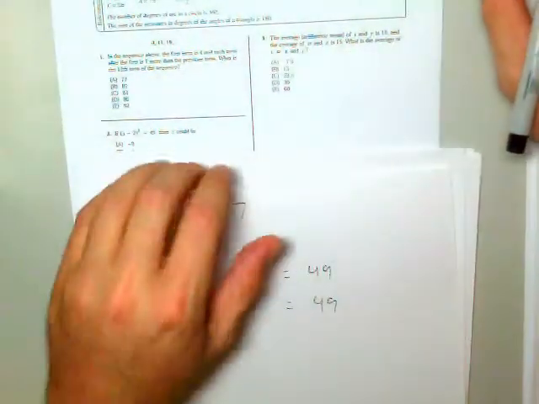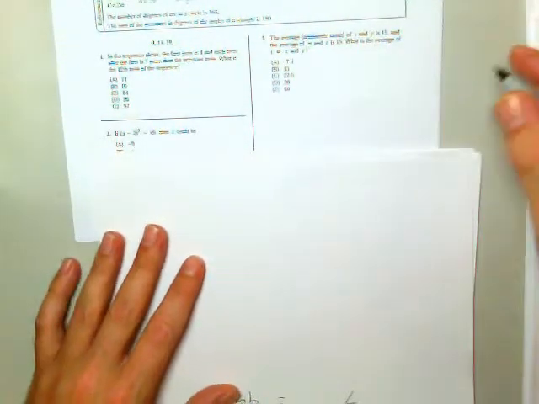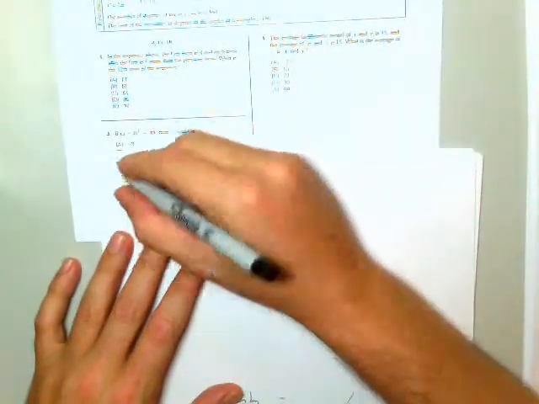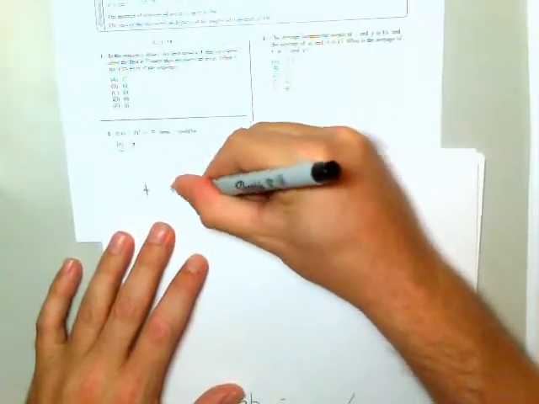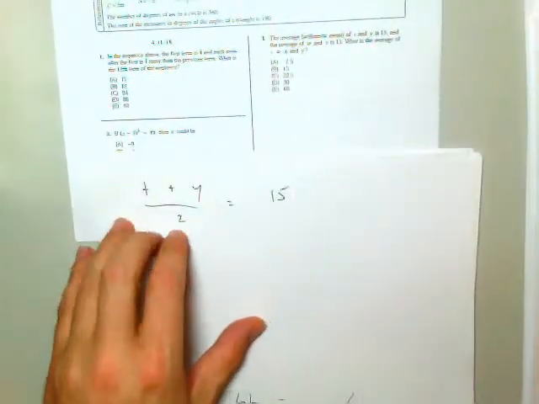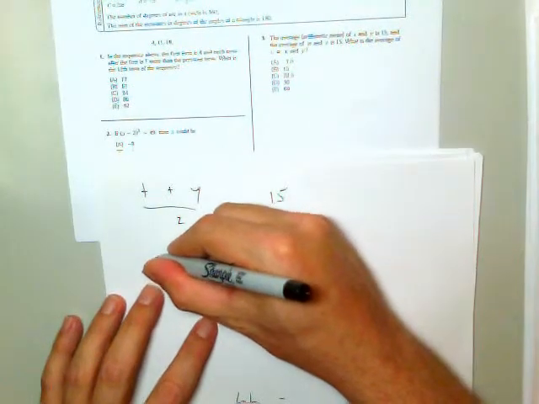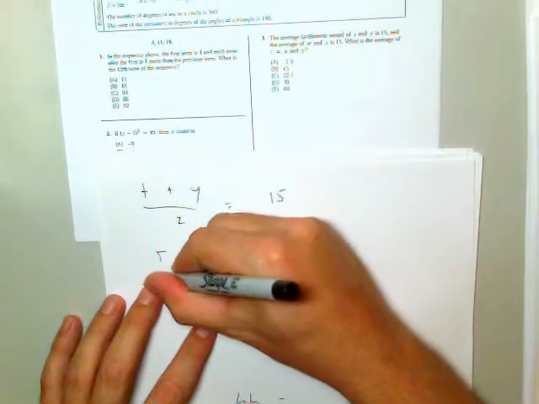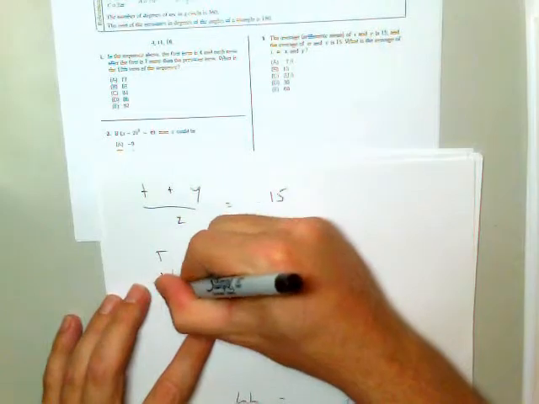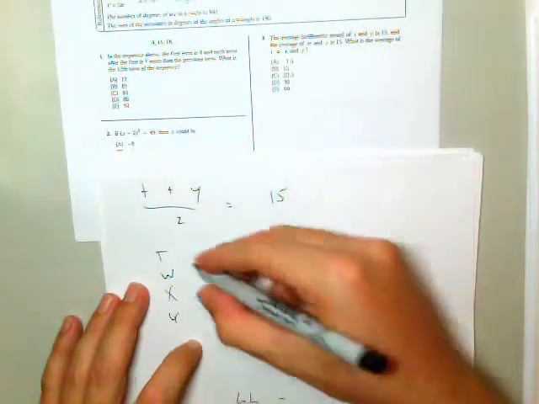The average of t and y is 15, and the average of w and x is 15. What is the average of t, w, x, and y? Okay, so for t and y, if I average them, I add them both together and divide by 2, and that average is 15.